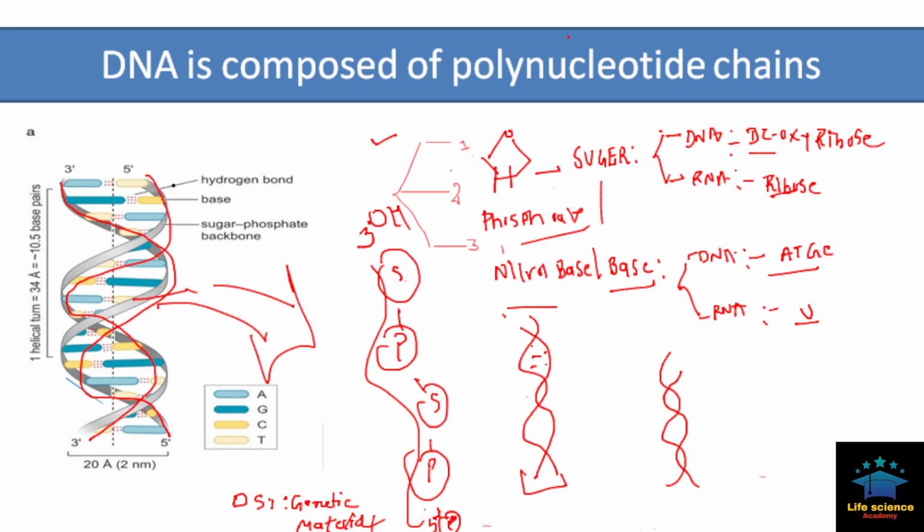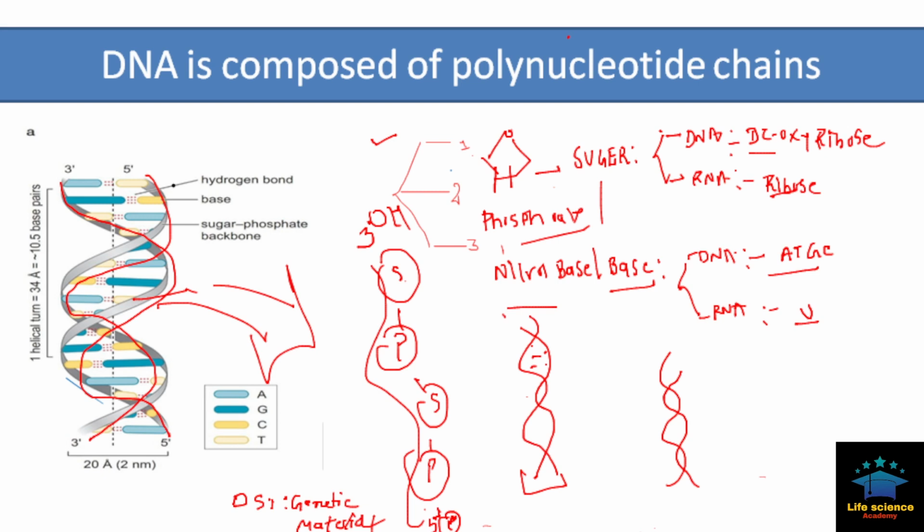Why do we call it a genetic material? Because DNA is a self-replicating molecule, or you can say material, that is present in nearly all living organisms as the main constituent of chromosomes. It is the carrier of genetic information, and some viruses also possess DNA as a genetic material.